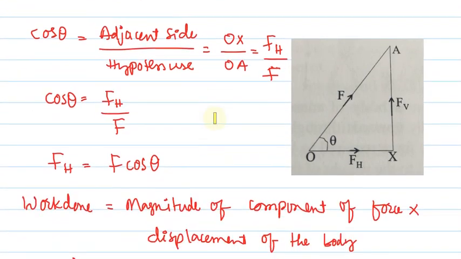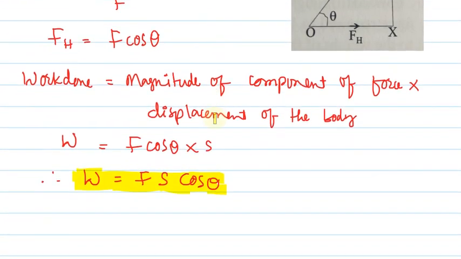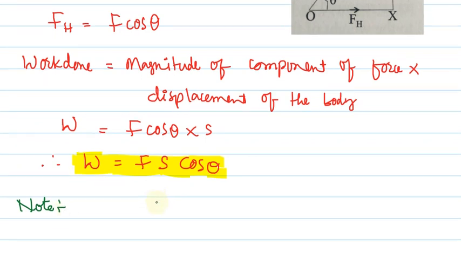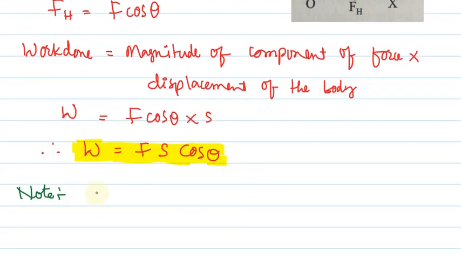Here, let us take a note for this possibility. Note. We have angles for cos here. We know that cos 0 degrees is nothing but 1. Cos 30 degrees is root 3 by 2.